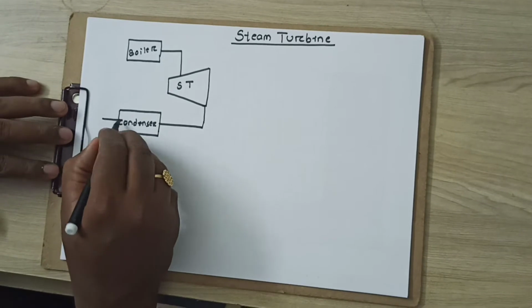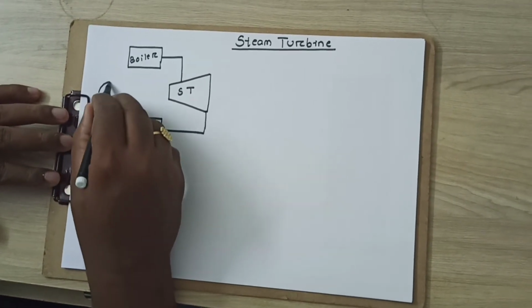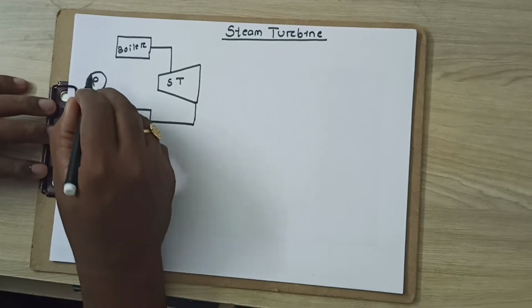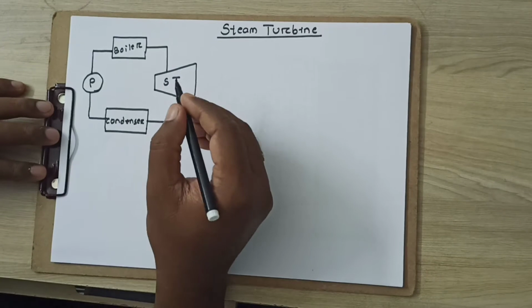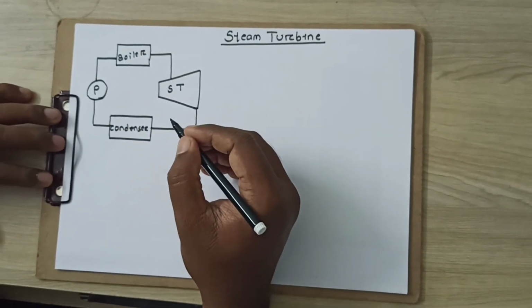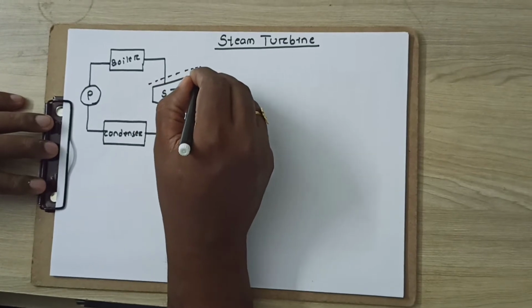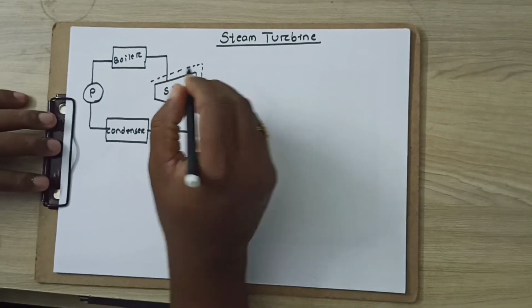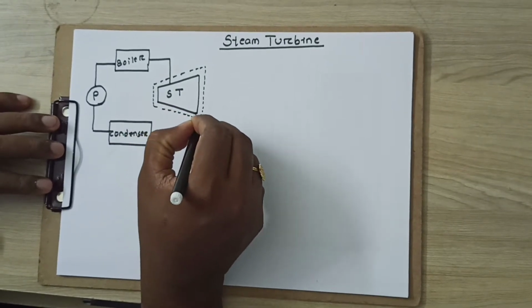Then from this condenser the pressure will be increased from the condenser level to the boiler level with the help of a pump. In these 2 or 3 lectures we will concentrate upon this control volume, your steam turbine. A thorough analysis of the steam turbine we will cover.